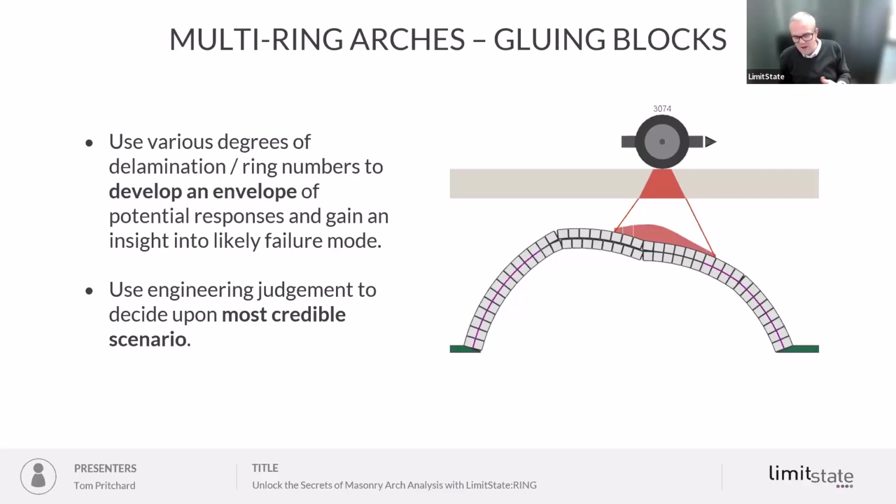That can give us a solution with an adequacy factor and a failure mode that are not credible. They're too high in terms of resistance, and the failure mode will try to fail the entire arch as a monolith rather than the individual blocks.